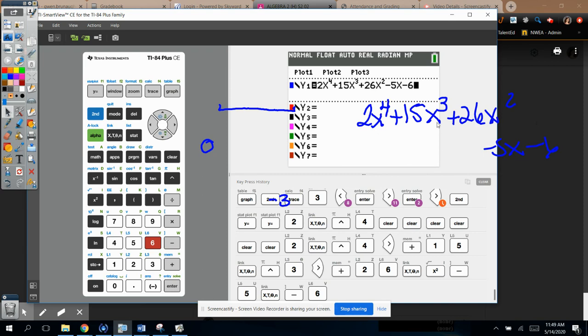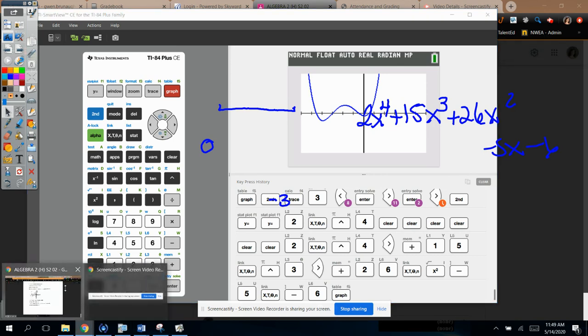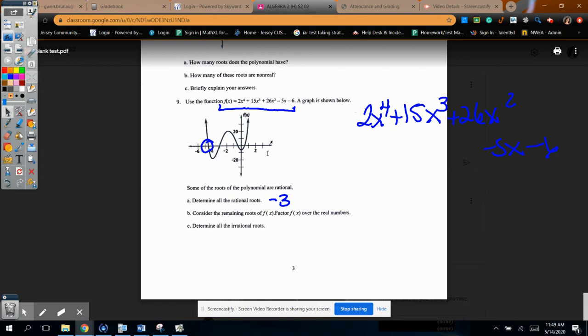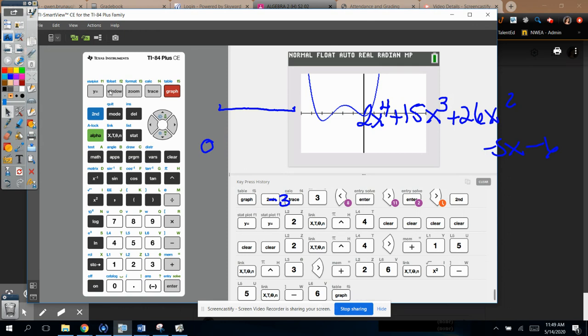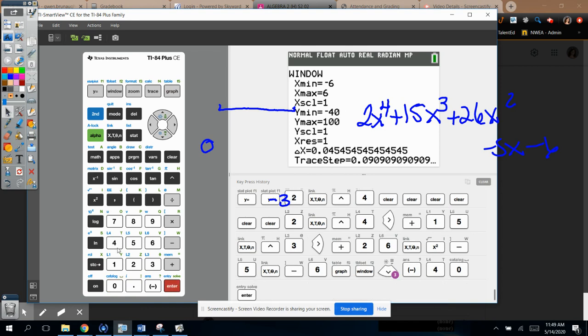Okay, here we go. I'm graphing it. Is that what they told me? I wonder, did they change the window on it? -6, yeah, about -40 to 40. Let's change this window. -6 to 6 is fine, but let's look at -40 to 40, just to make sure we're looking at what they're looking at.